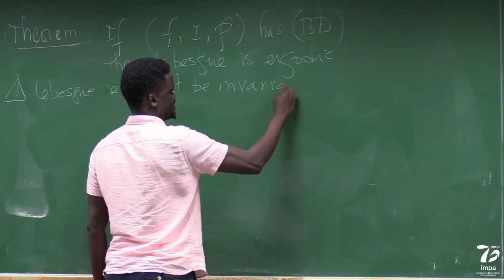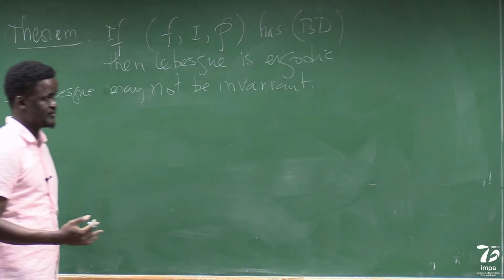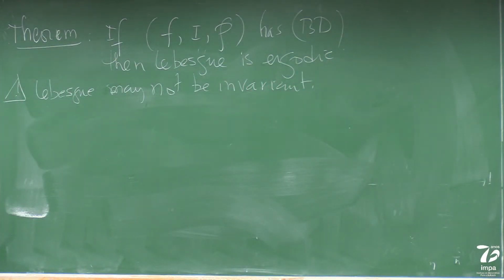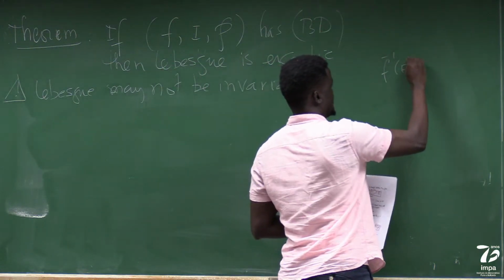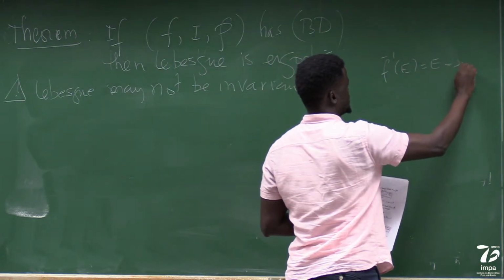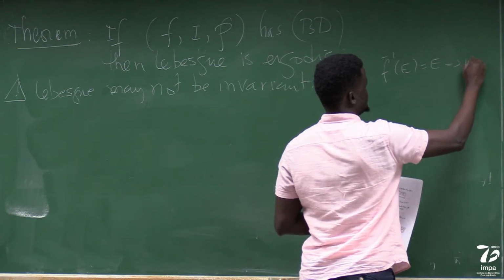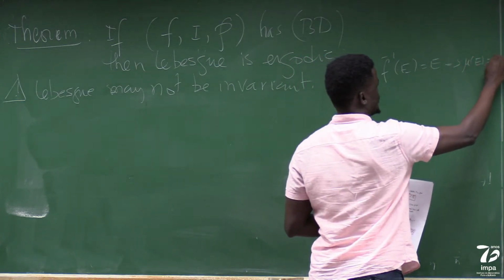So this is a little bit against what I was saying at the beginning of this chapter, that I only consider invariant measure when I talk about ergodicity, but the definition doesn't need invariance. The definition of ergodicity, I erased it. So the definition is just, f minus 1 of E equals E implies that mu of E equals 0 or 1.